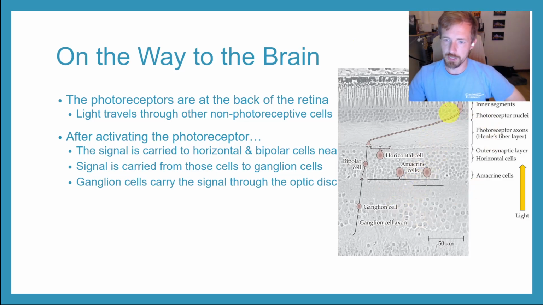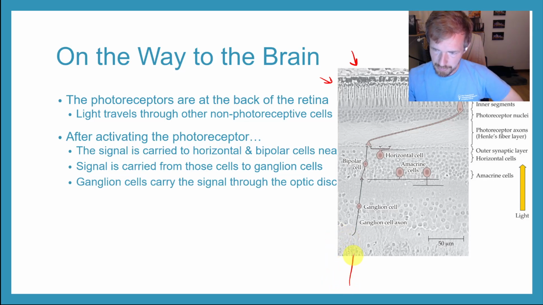The way to interpret what you're seeing here, we have the retina and the photoreceptors in the back over here. And so light, this is how vision works. Light is going to come in this way, and it's going to go through all of this tissue.